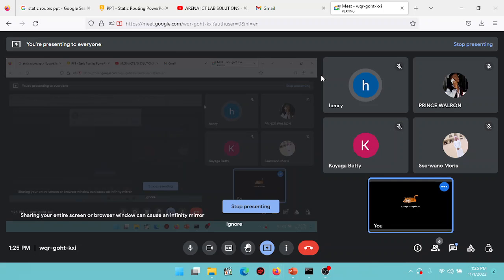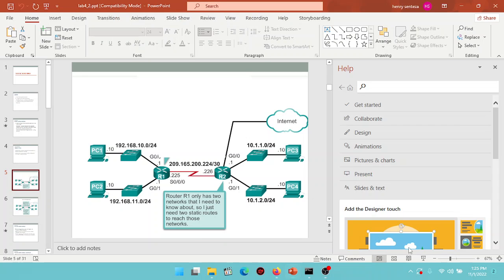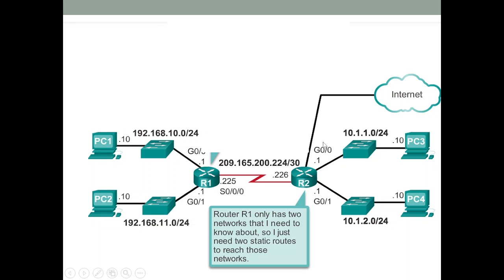When you look at this topology, the first thing you need to know is how many networks we have in this setting.